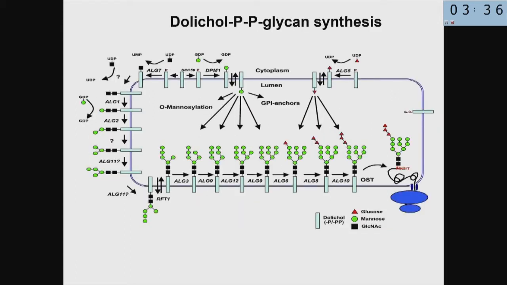This is just to show that we know all the genes that code for the glucosyltransferases that form the lipid pyrophosphate glycan. So in yeast we can play with this genetically and make the cell transfer the saccharide that we want.